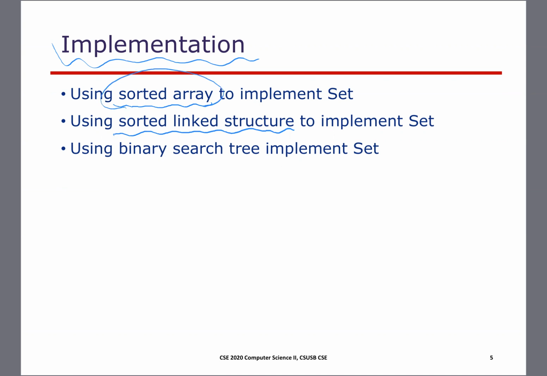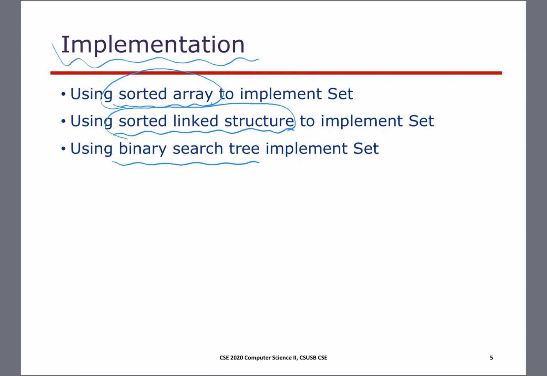Sorted array means elements in the array are sorted from the smallest to the largest. And similarly, the sorted linked structure means the elements in the linked structure are sorted. And we also can use a binary search tree to implement set.